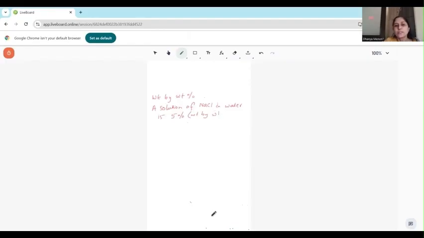If this information is given to you, a solution of NaCl in water, salt in water, is 5% weight by weight. Weight of the solute, weight of the solution. That means I have 5 grams of NaCl in 100 grams of solution.